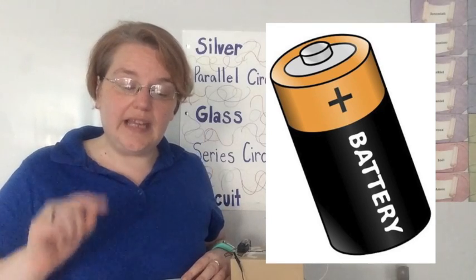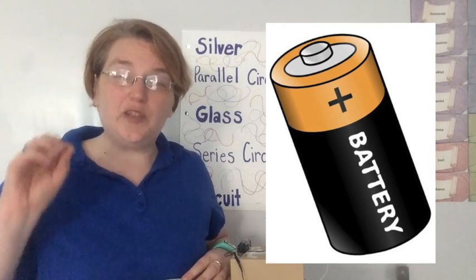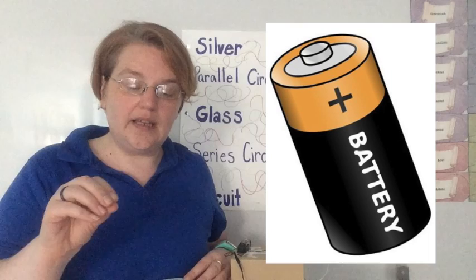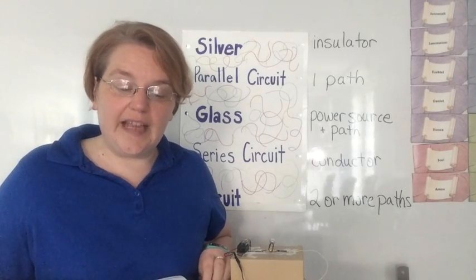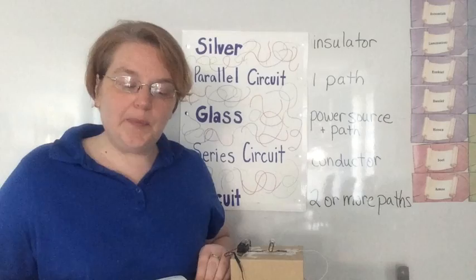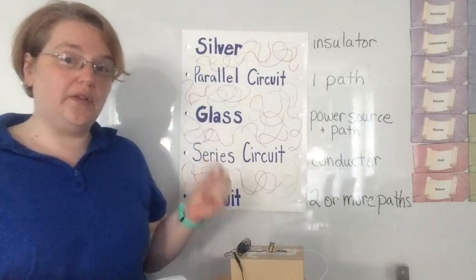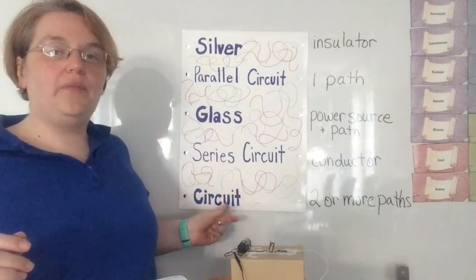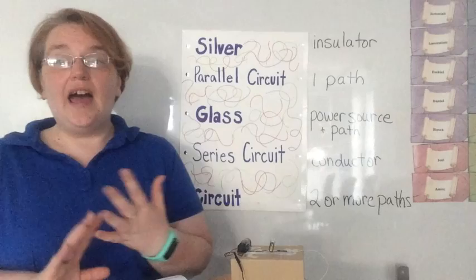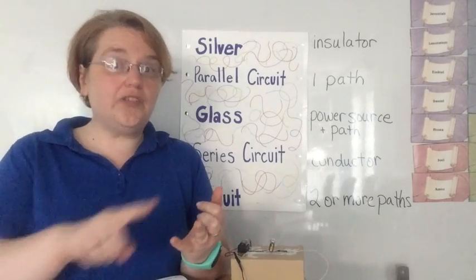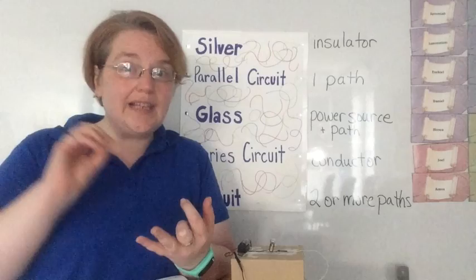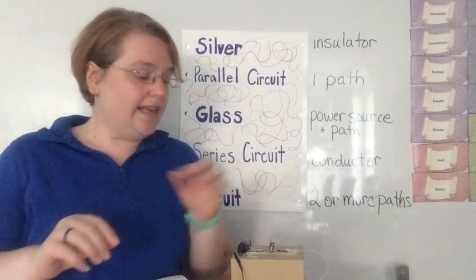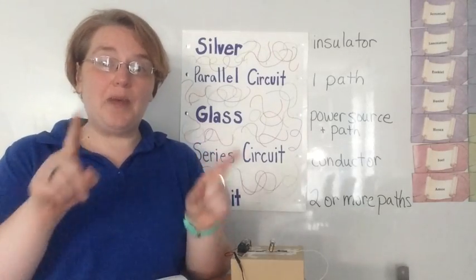The power source keeps the negative charges flowing, so it's pushing those negative charges. The path must be unbroken for the negative charges to flow through. This path is called a circuit. So that's one of our words up here on my board. A circuit has to have two things for electricity to move through it. It has to have a power source or something pushing that energy, like a battery, and it has to have a path.